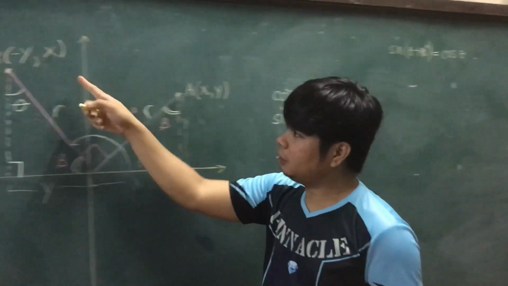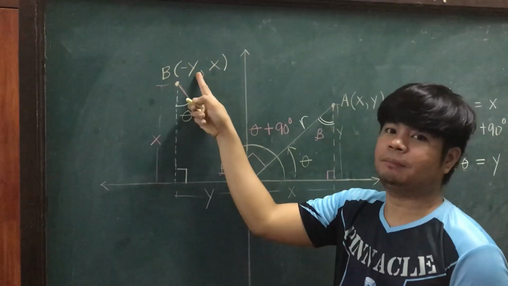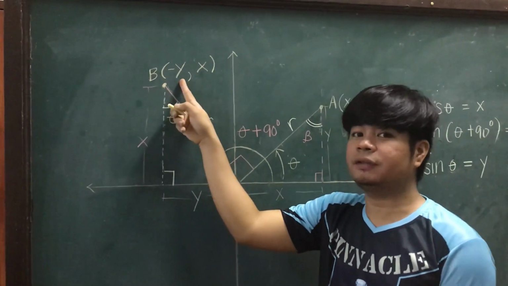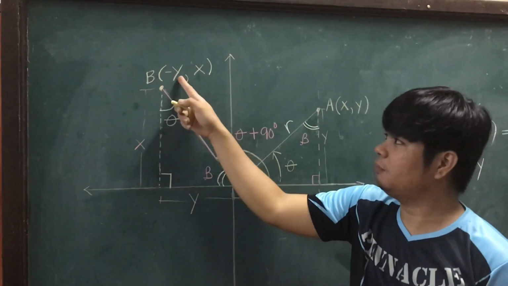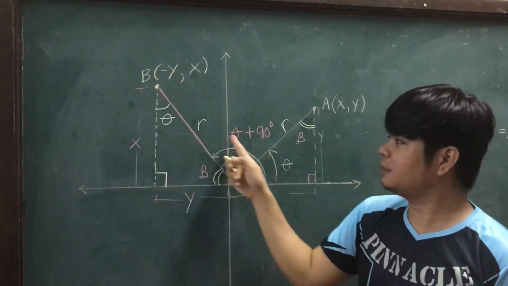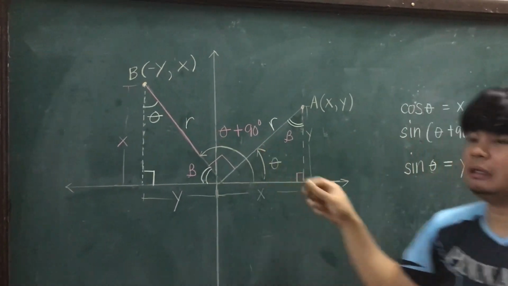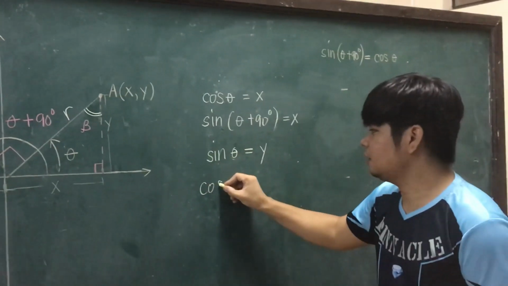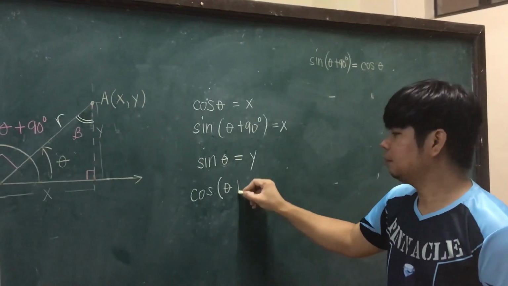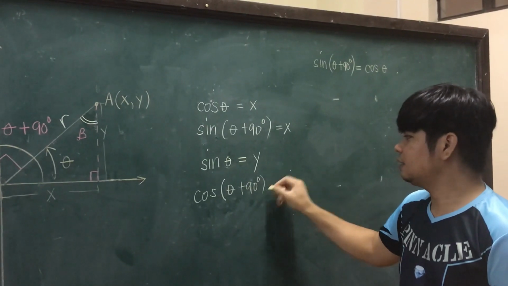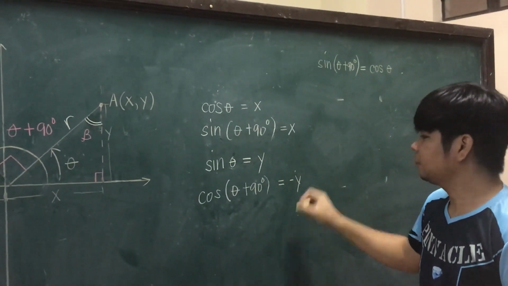But if we look into this, we have negative y as a rotation. That is the effect of the rotation. This negative y represents cosine of theta plus 90 degrees. So we have cosine of theta plus 90 degrees is equal to negative y.